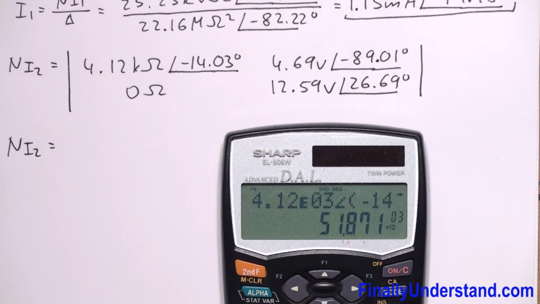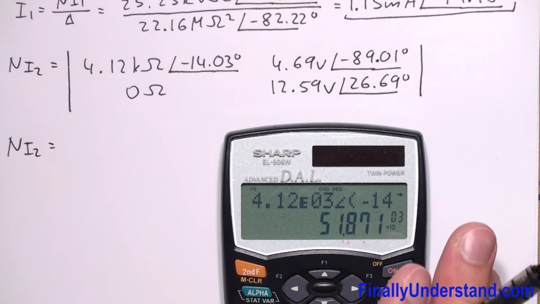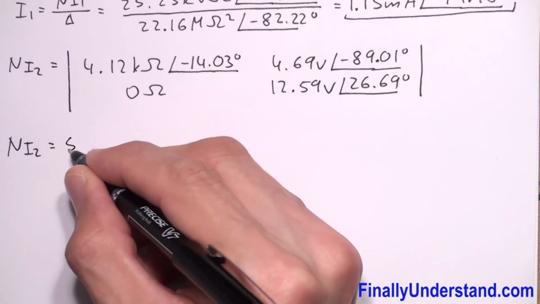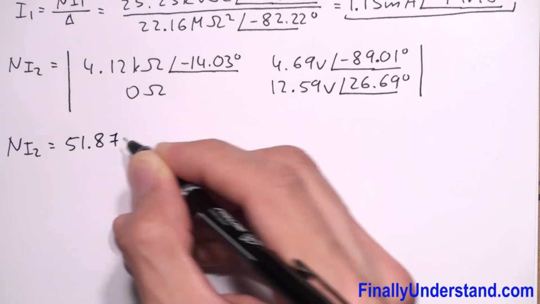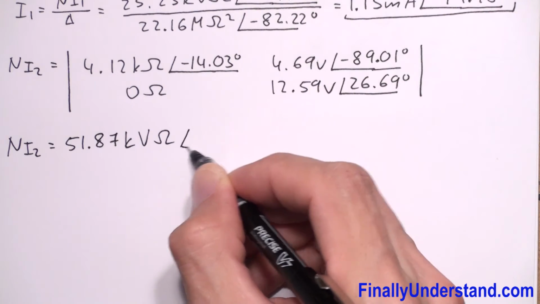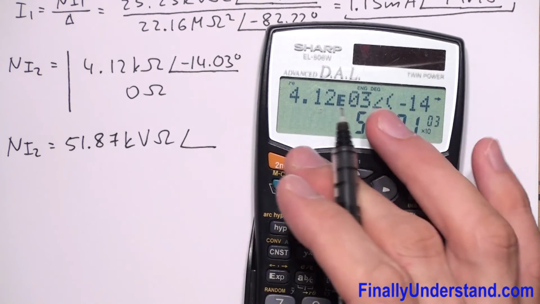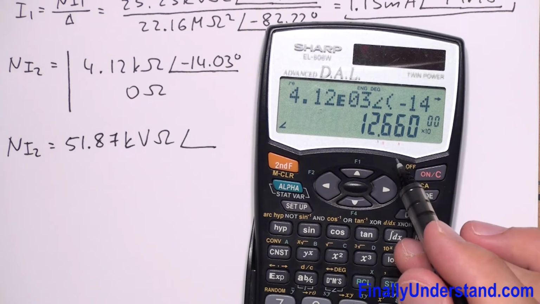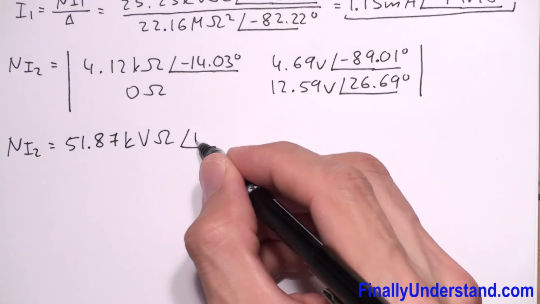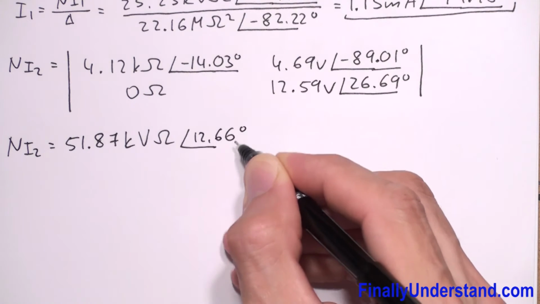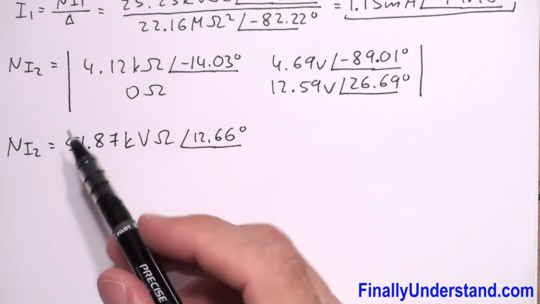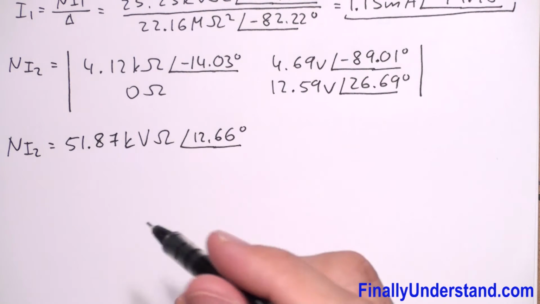This is equal 51.87 kilo volt ohm and angle of 12.66 degrees. So this is my NI2. This is the number which will help me to find I2.